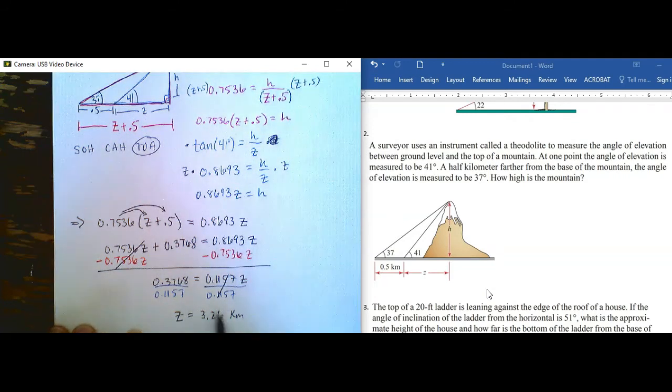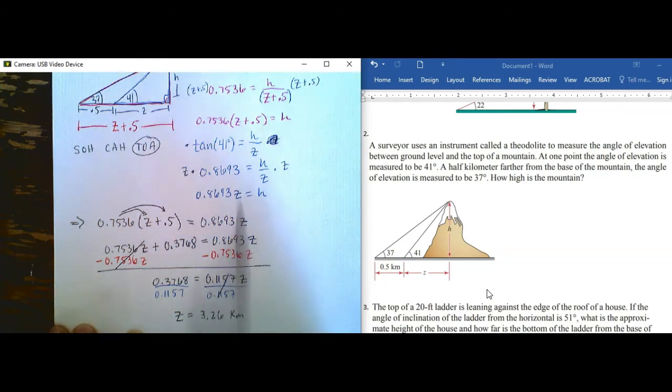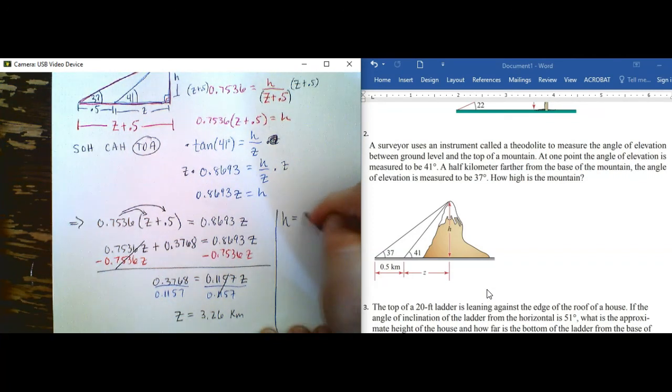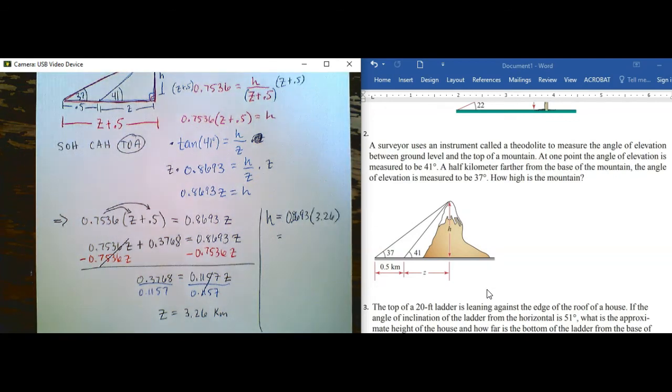So we're going to have to substitute this 3.26 into one of these z's. Either or, it doesn't matter. Looks like this one's going to be the easiest for us. Therefore, h is equal to 0.8693 times 3.26. So let's see what that is.